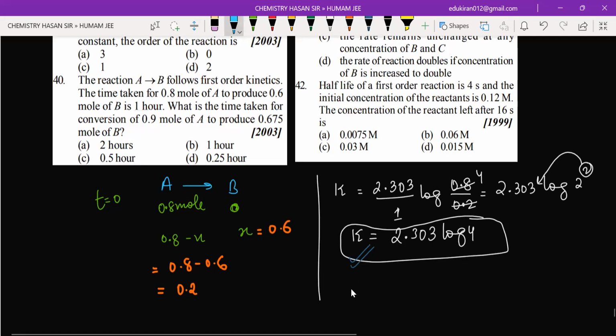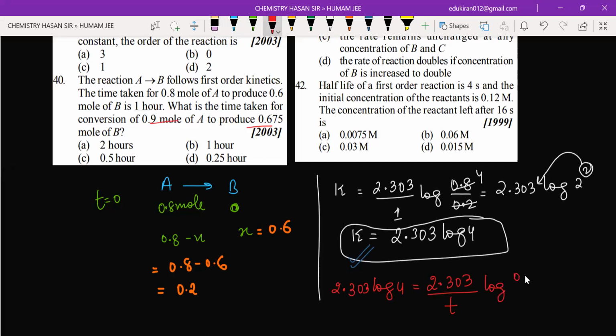Yes. Now, what we need to calculate, you know that k is equal to 2.303, so I'm going to put the value of k. You know that k will be equal to 2.303, and here log 4, that will be equal to 2.303 upon time. We need to calculate time, right? So time will be t, and log of initial concentration, that is given as 0.9.